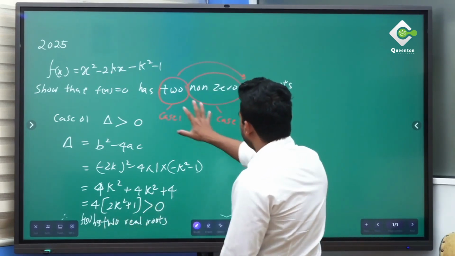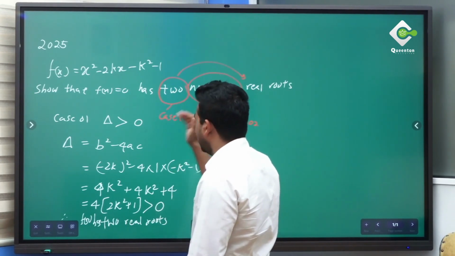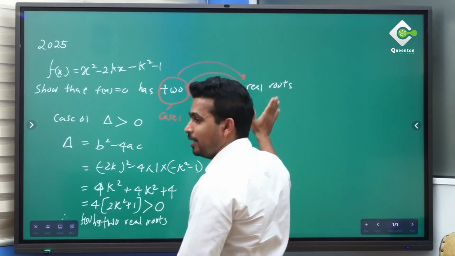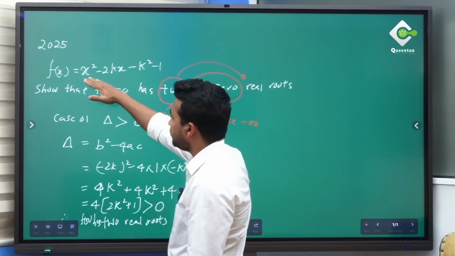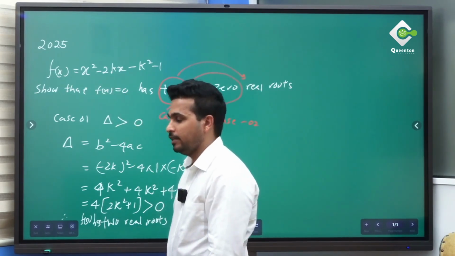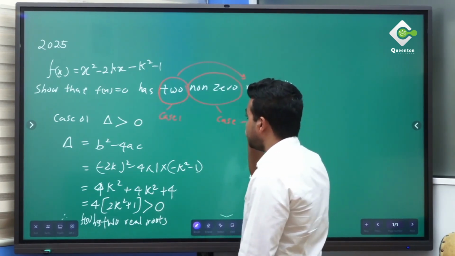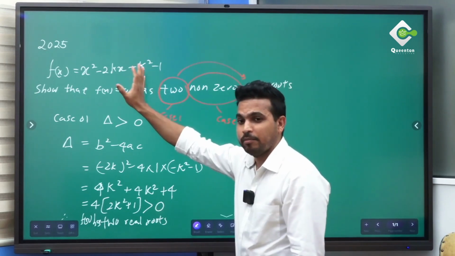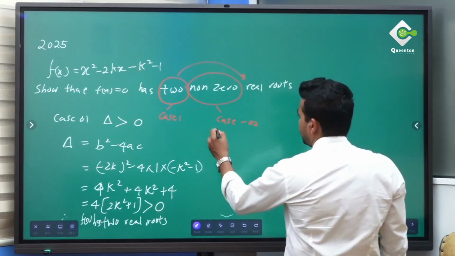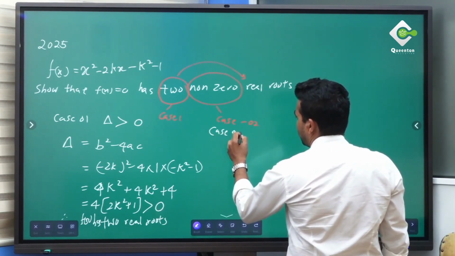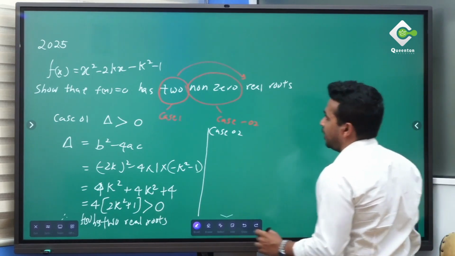We just proved that f(x) has 2 real roots, but we didn't say non-zero real roots. How to prove whether it has non-zero roots? In other words, it is saying that the root of f(x) can't be 0, right? How to check that one?